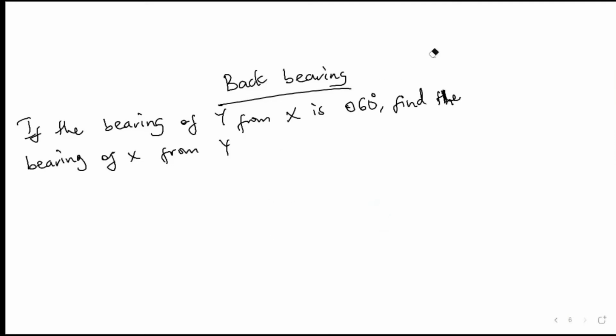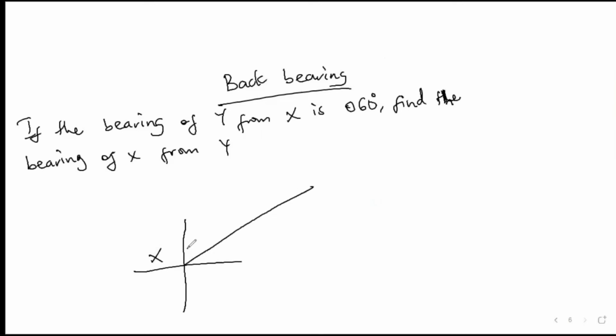All right, so now let's look at the back bearing. The example we have here, we have bearing of y from x. So it means we are going to illustrate it. It says bearing of y from x. It means our first tree will be the x from x. X is the mother, and it is 60 degrees.